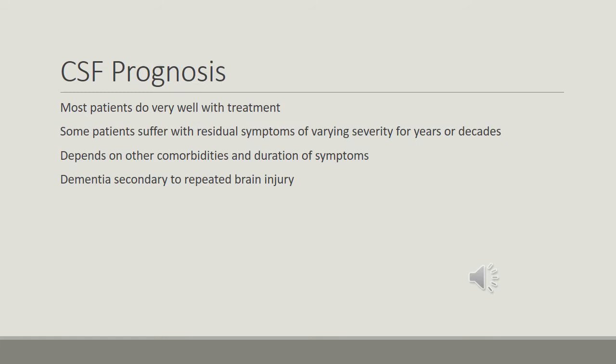Okay, so talking CSF prognosis, most patients do very well with treatment. Some patients suffer with residual symptoms of varying severity for years or even decades. Now, that can be from a host of reasons, but mainly think about the thickness or the location of the tear itself, or even a misdiagnosis perhaps, or mismanagement.